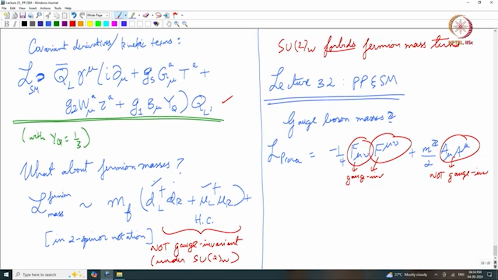So, in other words, that implies that if I want gauge invariance as part of my theory, okay, that necessarily means the gauge bosons are also massless. Isn't this funny? We have just constructed a completely massless theory, okay.